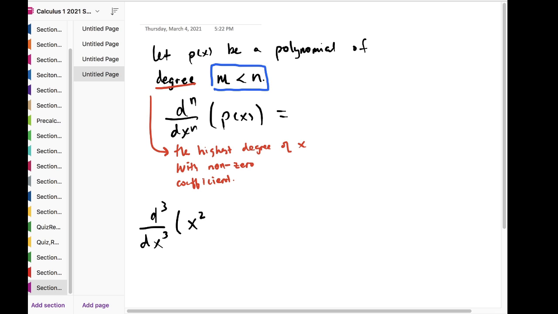For example, this is a second degree polynomial, so it's like my m. And this is 3 derivatives, this is my n. So what is this third derivative?